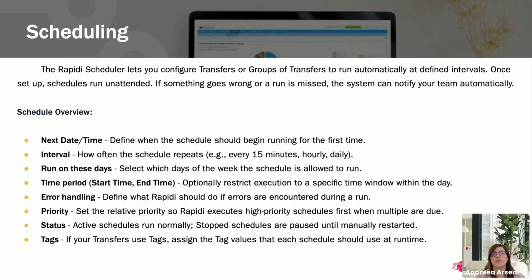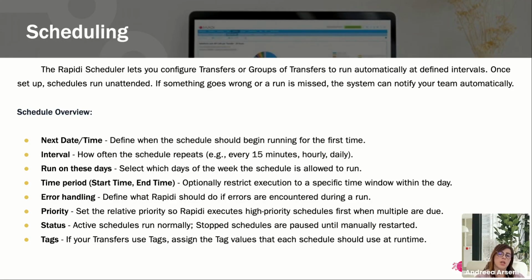And then we have tags. For example, if you are using tags because maybe you have multiple companies in your ERP, then you can use those tag values to set up the schedule. You would define a tag for every company. So for example, you have 2 companies in your ERP system, and each of them has a specific tag defined within Rapidi.